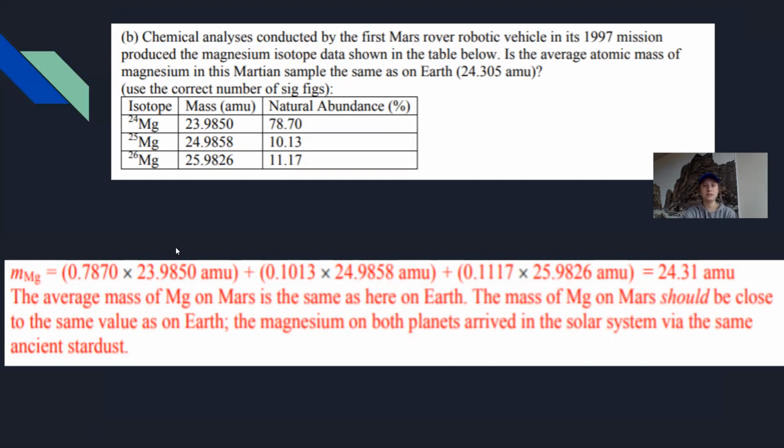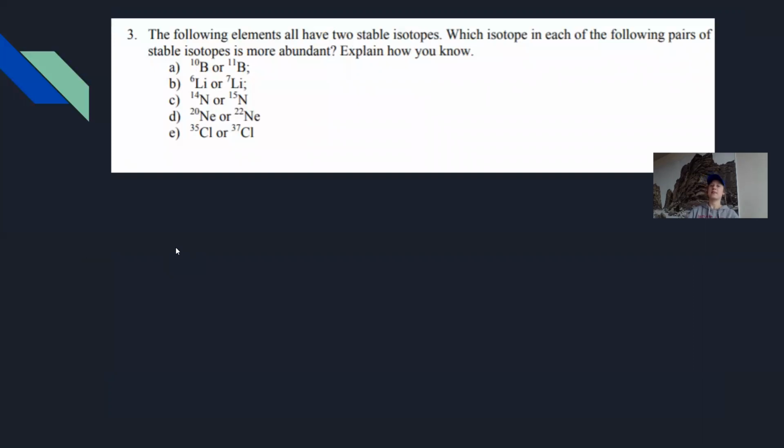Okay, cool. 3. This is an important concept to understand. For this, it's super simple. All you have to do is look at the periodic table. The 10 gives the mass number.